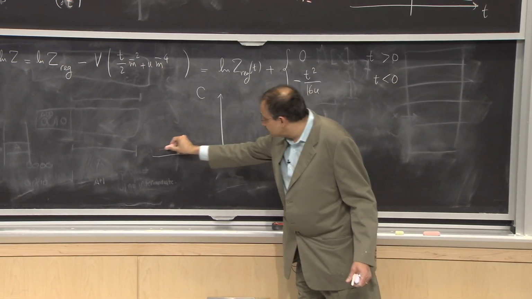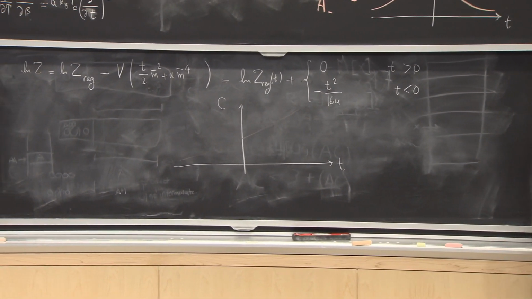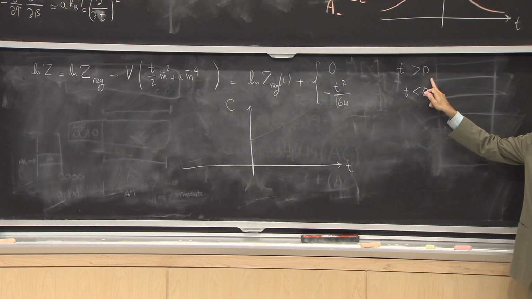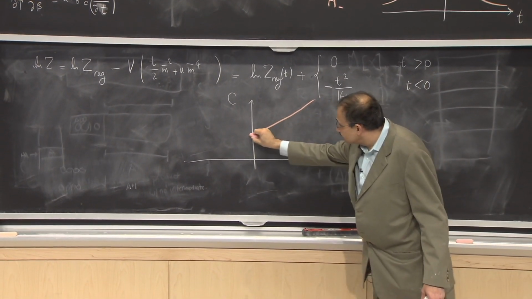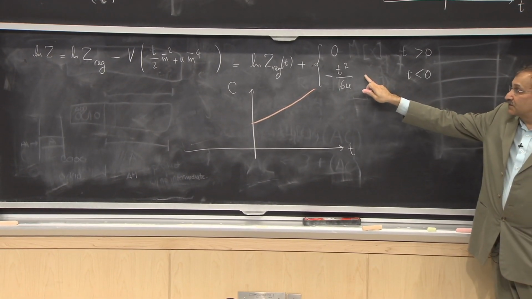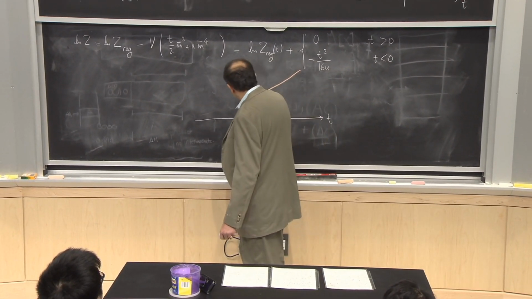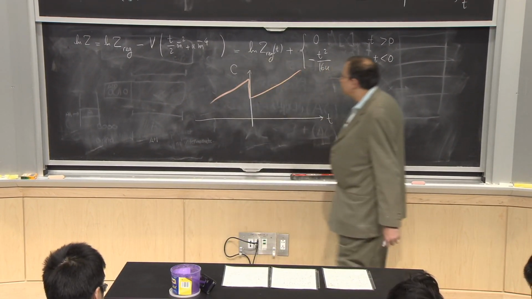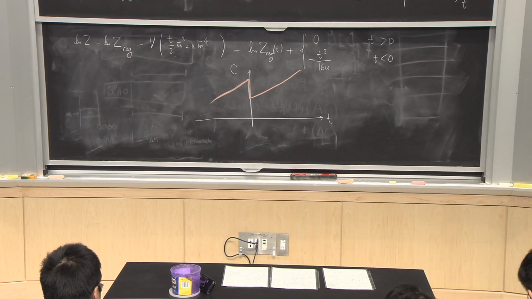So there's basically some kind of behavior you would have had normally. And what we find is that above, for t positive, that normal behavior is the only thing that you have. And when you are below, taking two derivatives of this, something is added to this. So basically the prediction is that the heat capacity of the system as a function of temperature should have a jump discontinuity.